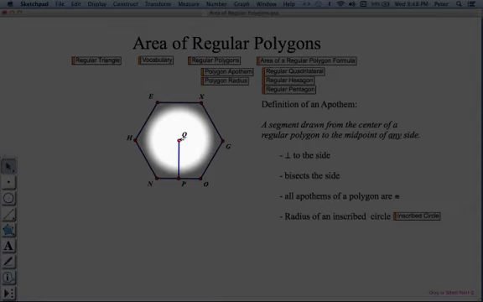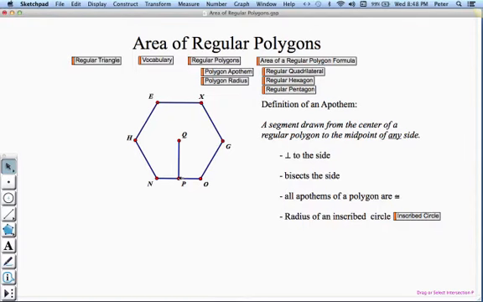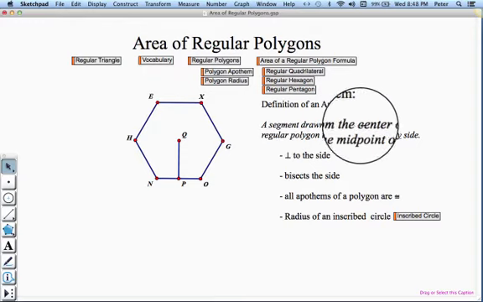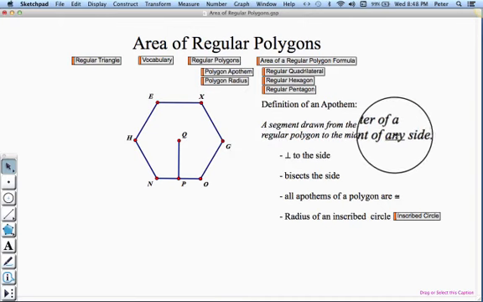Non-regular polygons do not have apothems. It's drawn from the center to the midpoint of the opposite side. So that's the definition, and you'll want to have this memorized, or certainly in your notes: a segment drawn from the center of a regular polygon to the midpoint of any side. It's going to be perpendicular to the side. That's one of the important properties.